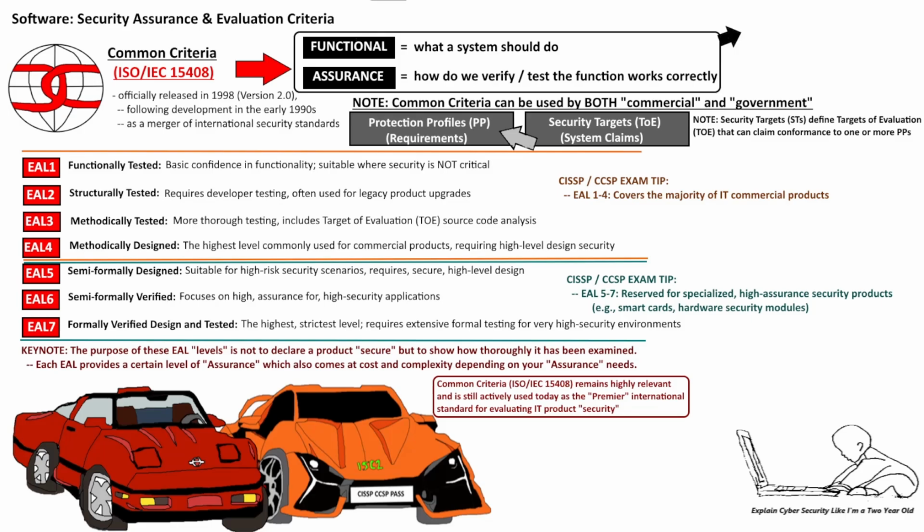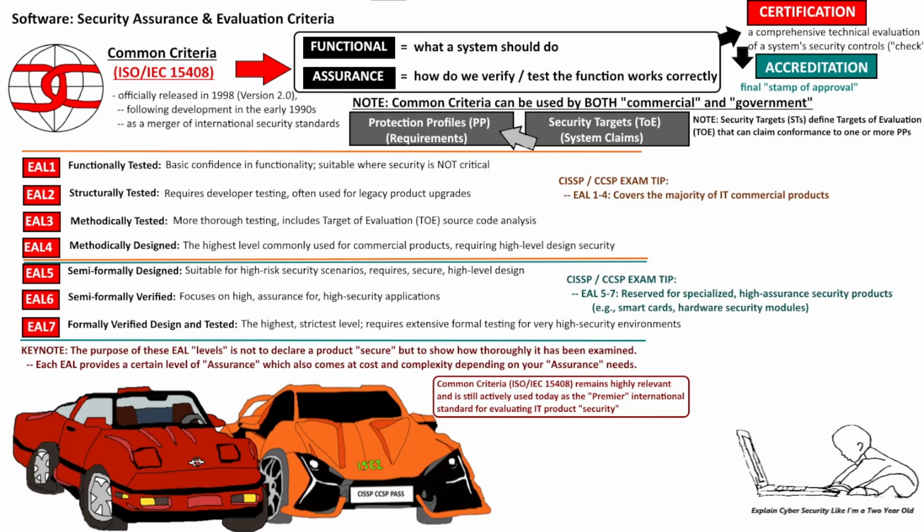Now here are a few extra CISSP and CCSP exam tips that you should be aware of. You may hear the term certification. Now certification is a comprehensive technical evaluation of a system's security controls, aka doing the testing and checking. And the certification is usually based on an evaluation criteria, such as the TCSEC, ITSEC, which has now been replaced by the common criteria. And once certification, aka testing, is complete, the next stage is accreditation, which is the final rubber stamp of approval.